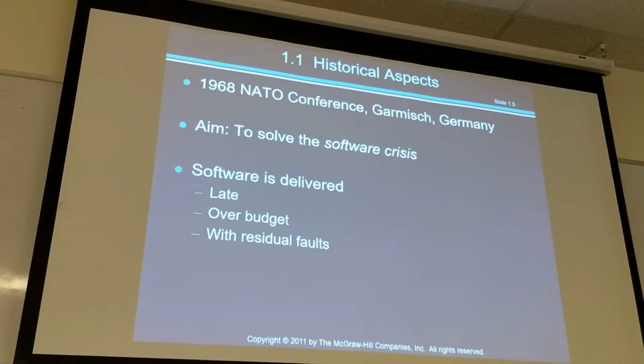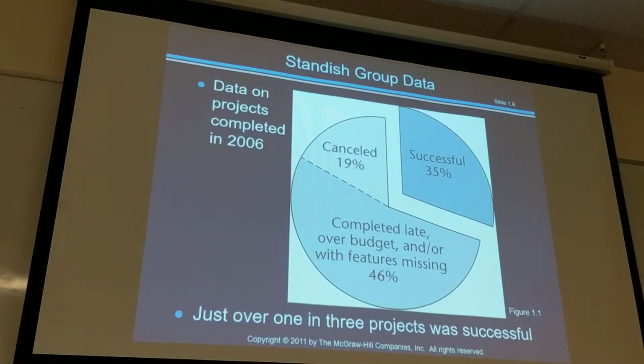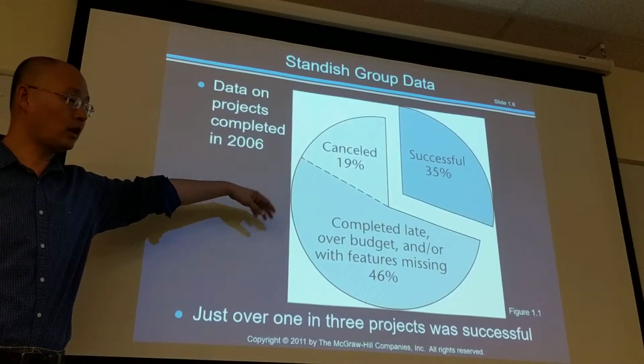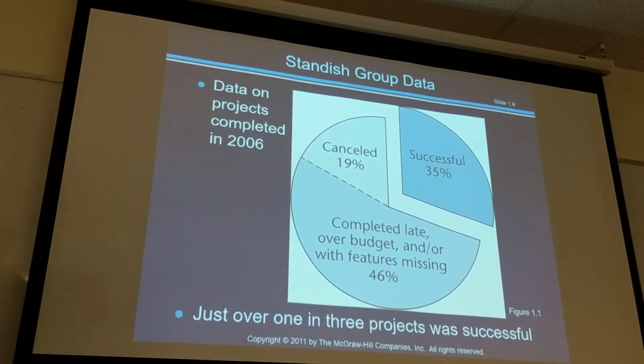So we are still trying to solve a problem that people identified 70 years ago, 60 years ago. Most software engineering products actually failed. This is still true in industry.